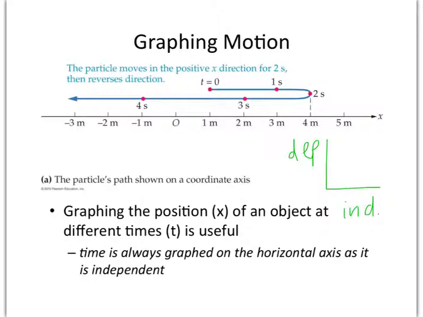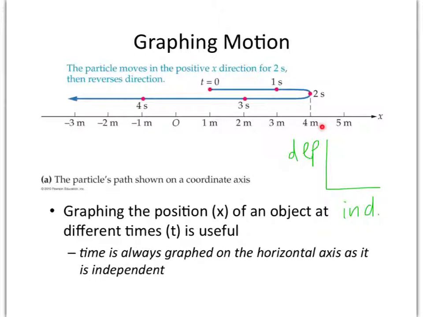Time doesn't depend on anything. But your position, that is where you are, might depend on what time it is. If you're moving at a certain speed, how much time elapses dictates what your position is. So even though we're talking about the horizontal position x, we're going to plot it on the y-axis because your x position depends on what time it is. Hopefully the next graph, the next slide, will make that make some sense.